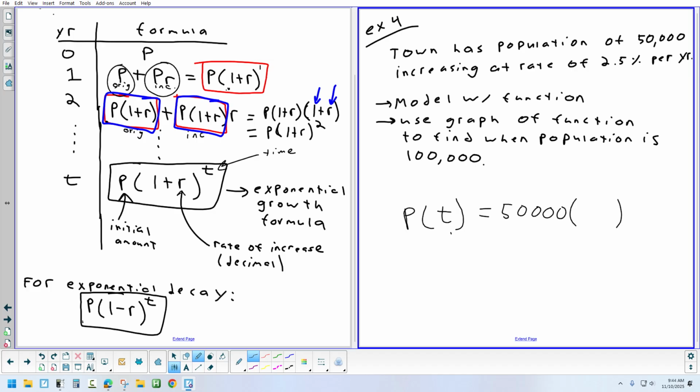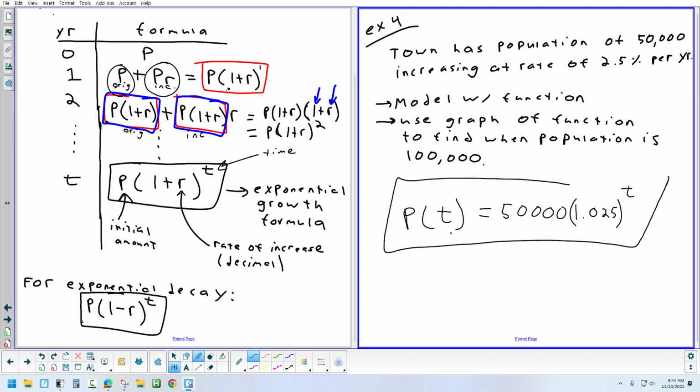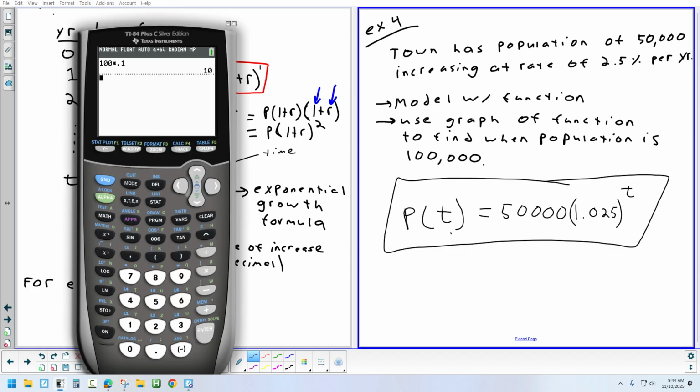But if you change that to a decimal and add 1 to it, what would go inside my parentheses? 1.025. 1.025 to the t. There you go. So there's your population. And now they want us to figure out when that reaches 100,000.